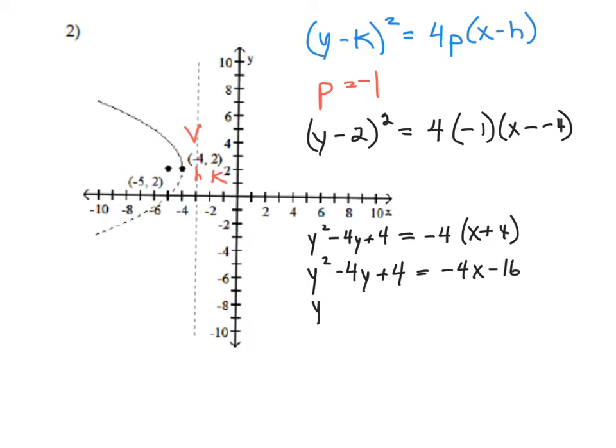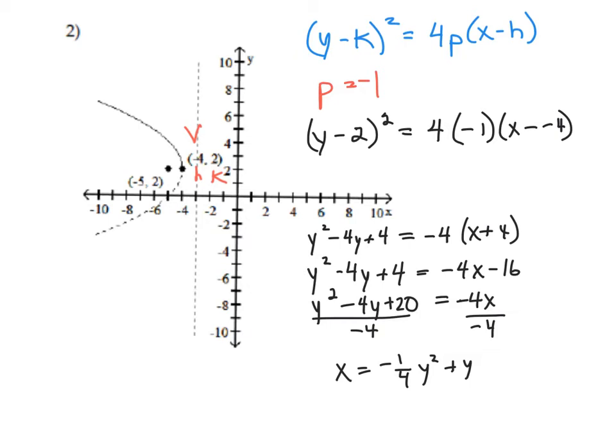Let's add 16 to both sides, so y squared minus 4y plus 20 equals -4x. So again, you can see how important it is to be able to move back and forth between 2 or more different forms of a parabola equation. Let's divide both sides by -4. So I've got x is equal to -1/4 y squared plus y minus 5.